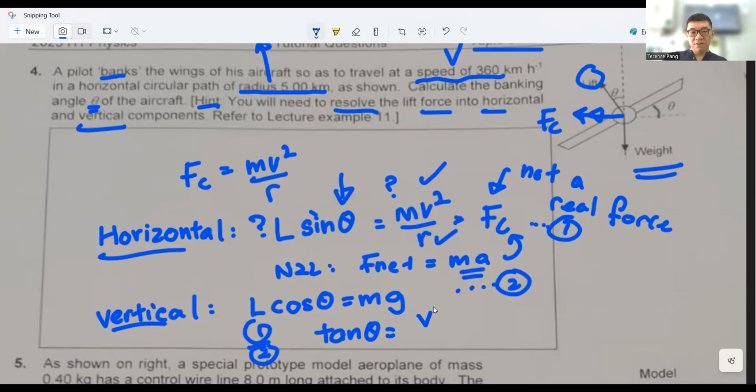So what are you left with? V squared over rg. Do you have your V? Yeah. Your R? Yeah. Your g? Yeah. What about theta? You don't have theta, but that's what you need to find. So you can find your theta from there. In this case, you need tangent inverse.